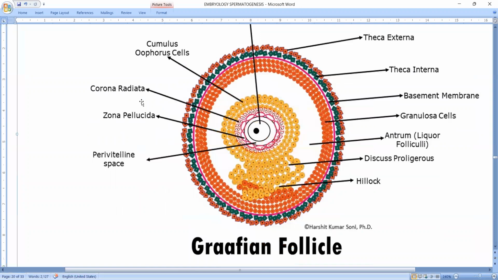That is called the vitelline layer or zona pellucida. The membrane immediately after the plasma membrane of the egg, surrounding it, is the zona pellucida. Remember, this is an important layer.